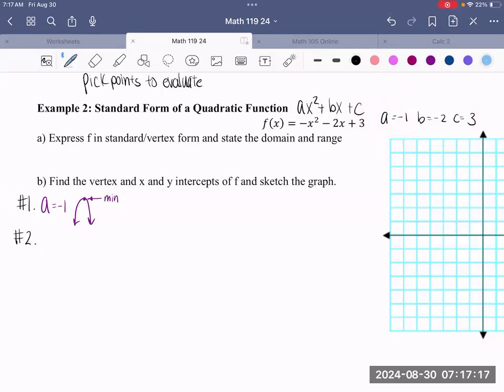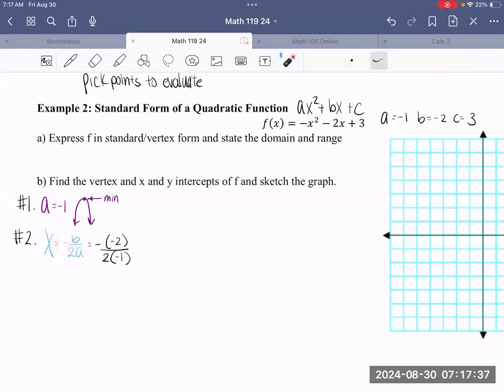So next, let's go ahead and find the vertex using negative b over 2a. We said b is -2, so we can just go ahead and insert that. So we have negative times -2 over 2 times a being -1. Now be careful, there's a lot of negatives going on.